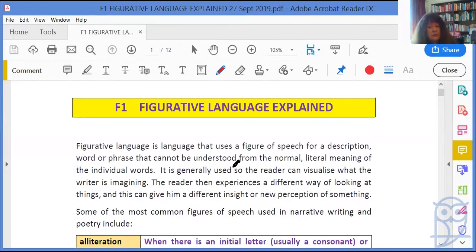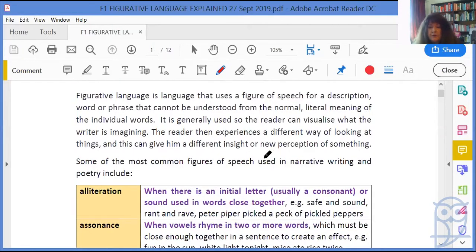It is generally used so the reader then experiences a different way of looking at things, and this can give him a different insight or a new perception of something, which is exactly what you, the person who's writing the assignment, wants them to think. You can manipulate your reader if you use the right words.